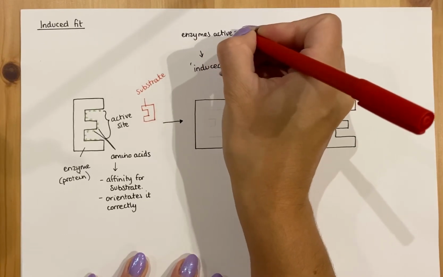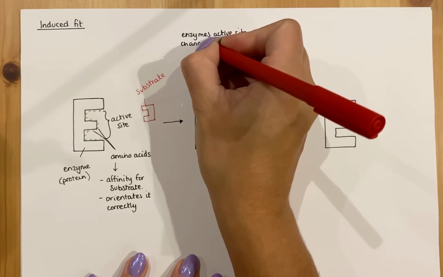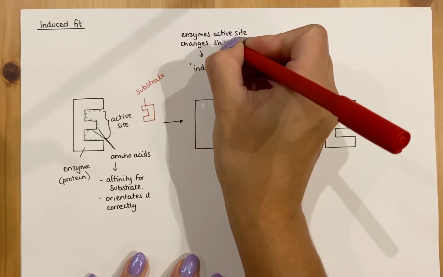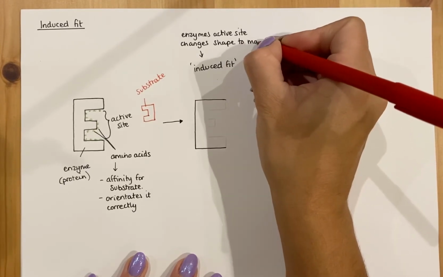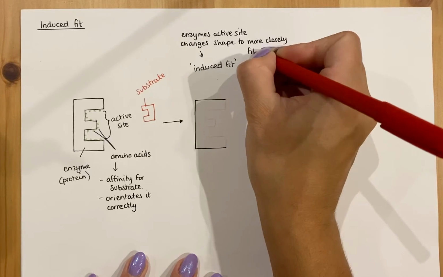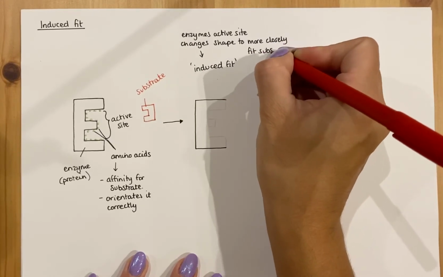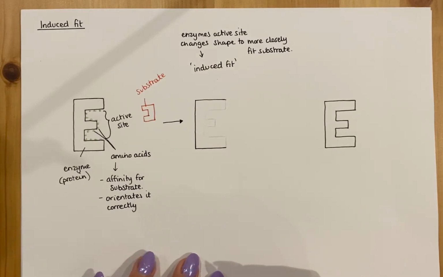Okay, so the enzyme's active site changes shape. And it does this to more closely fit the substrate. Now this is very different from what you've known in National 5. Okay, but this is actually a more accurate description of what happens.